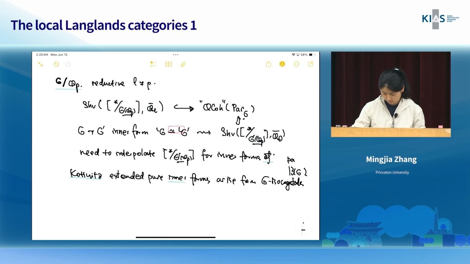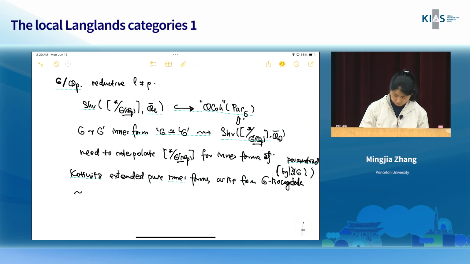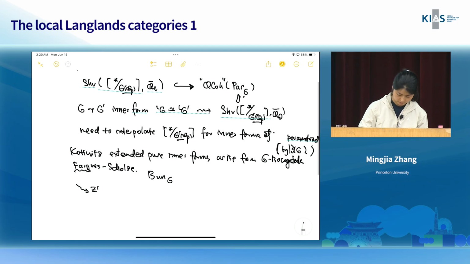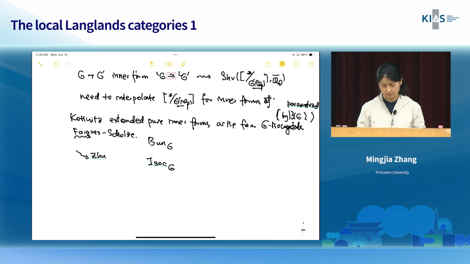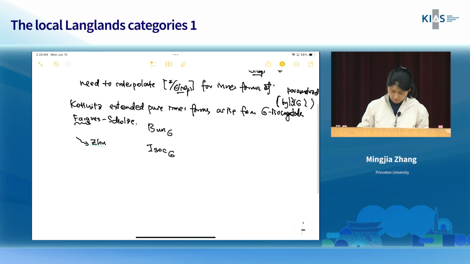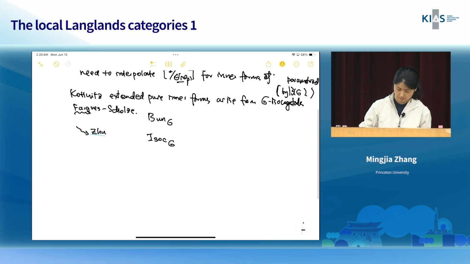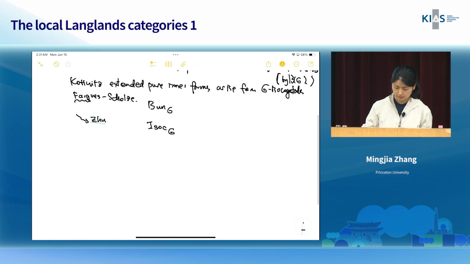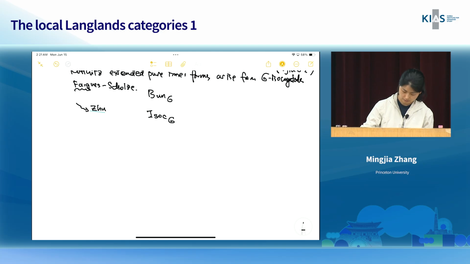And there are two geometrizations of this construction, one due to Fargues using the stack of G-bundles on the Fargues-Fontaine curve, and this is Bun_G, and the other one is due to Xinwen Zhu, which uses essentially the moduli stack of G-isocrystals on perfect schemes. So basically the plan for these lectures is that in this talk I will explain the Kottwitz set, and then I'll explain Bun_G and Isoc_G in the next two lectures.